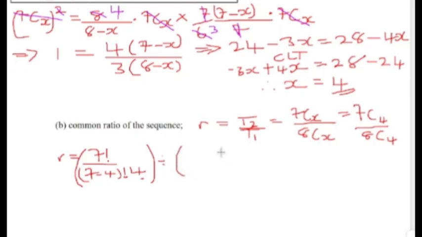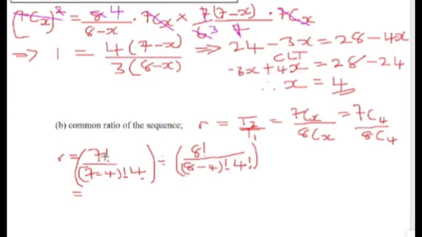Divided by 8 factorial over 8 minus 4 factorial, then you have 4 factorial. So let's see what this gives us.